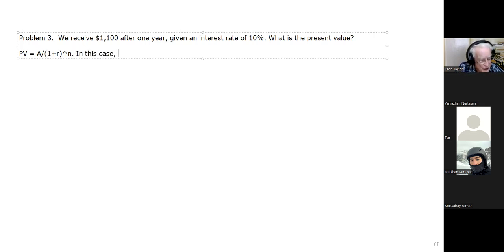In this case, the value after 1 year is $1,100. And the interest rate R is 10%.